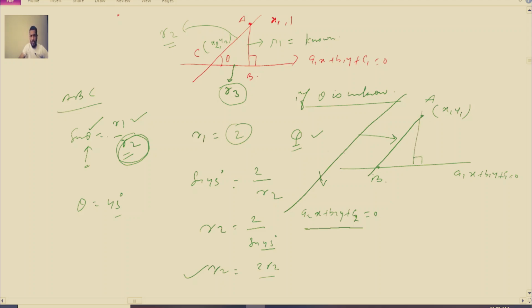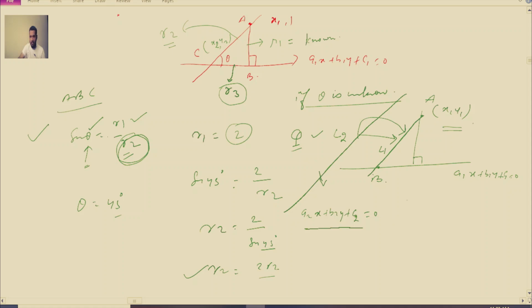One procedure we have studied already. Now a concept: first write down the line parallel to this line L2, say L1. Using this, we can write the equation of a line passing through (x1, y1).